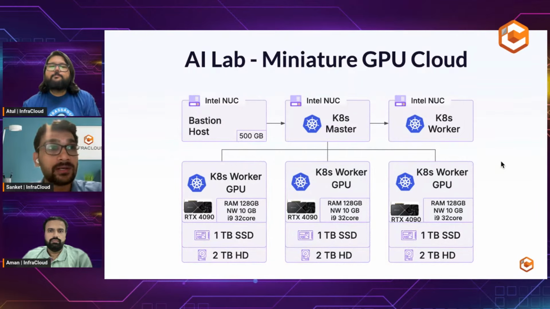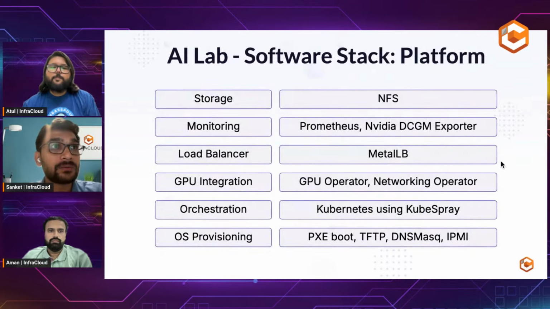The AI stack that we have set up on this lab as of now, we have designed our own charts, etc., to deploy the model, which we'll be demoing today. The entire stack shown in the slide is more like the lower layers that we have built so far, right?